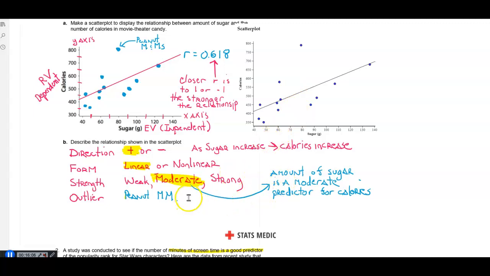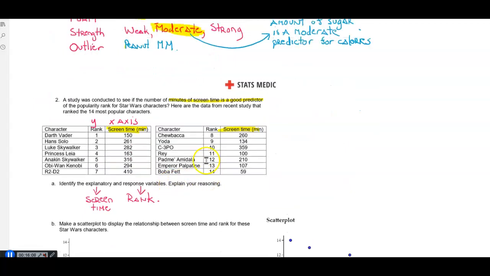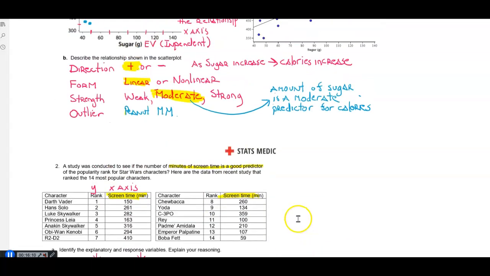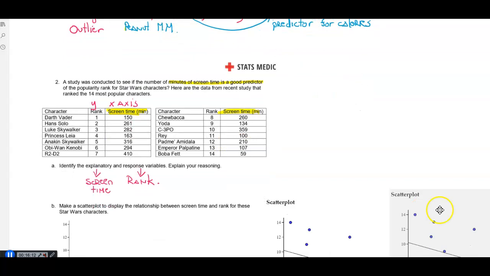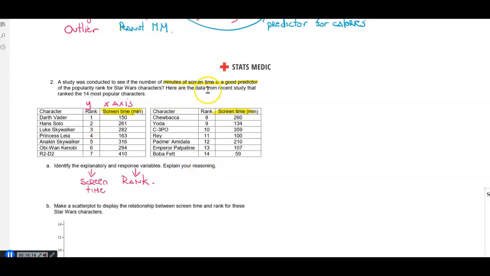All right, so let's take a look at this last one here. It's asking us to figure out if the amount of screen time is a good predictor of how popular different Star Wars characters are.